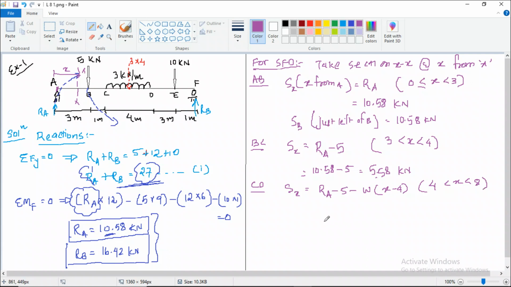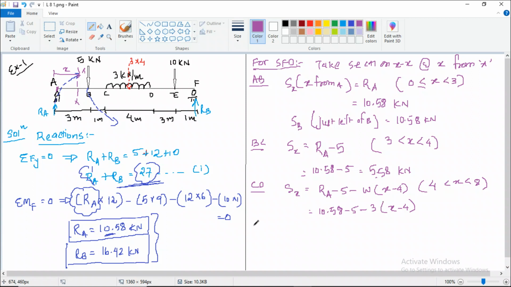Here it will be linearly varying. So let us put the value, that is 10.58 minus 5 minus W value, which is 3, into x minus 4. Now let us consider different values of x.